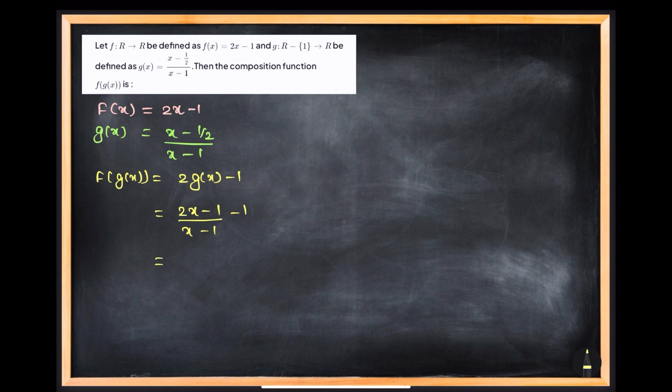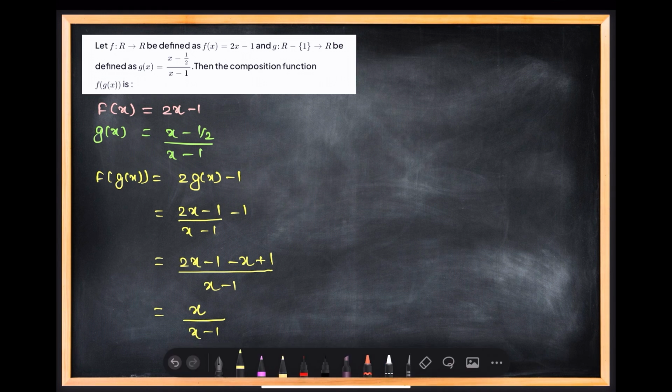Let's open this, means to do the simplification. So 2x minus 1 minus x plus 1 upon x minus 1. So we got numerator as x and denominator as x minus 1. Now, you know that in previous classes we have these kind of situations where we are handling linear by linear situation.